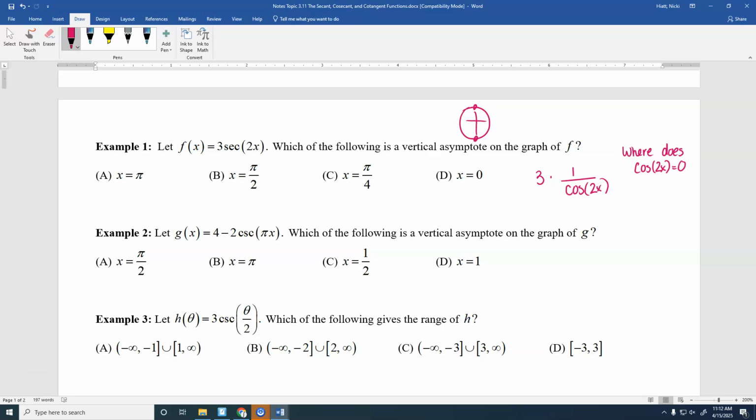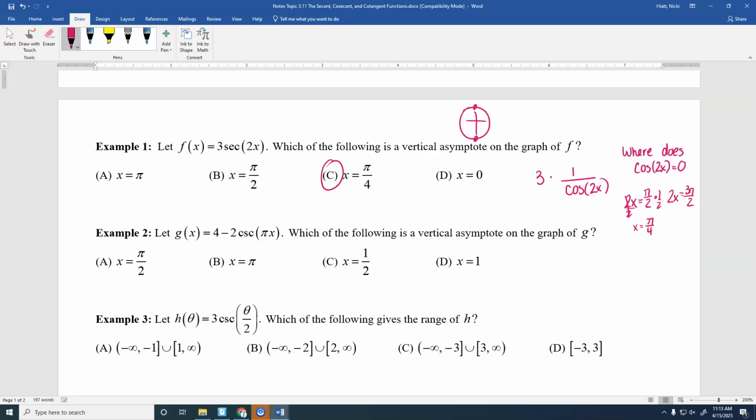But this function has a 2x and not just an x, so I'm going to say 2x equals pi over 2 and 2x equals 3 pi over 2. So that means I'd have to divide by 2 here. I'm going to multiply by 1/2 because it's easier over here. And I would get pi over 4, which is this answer choice.